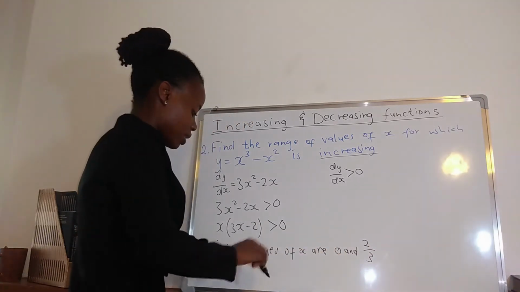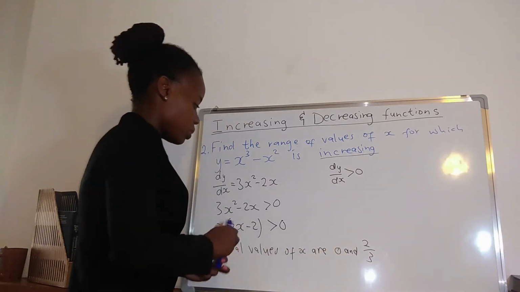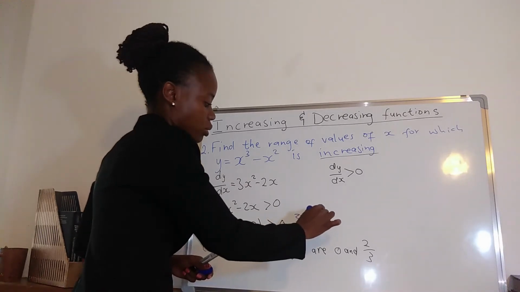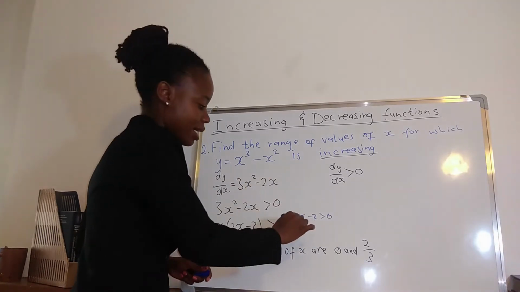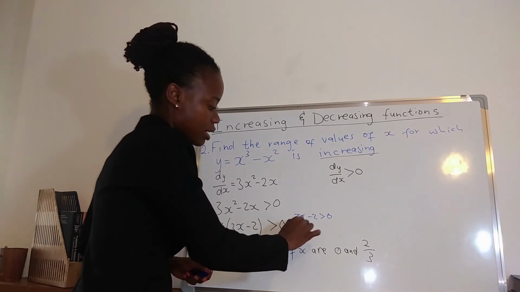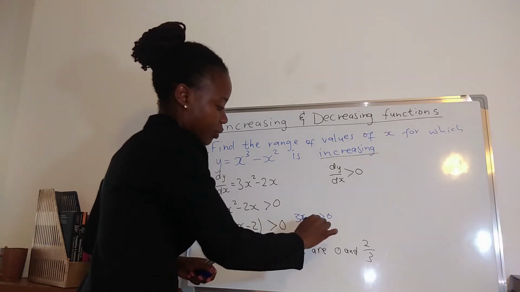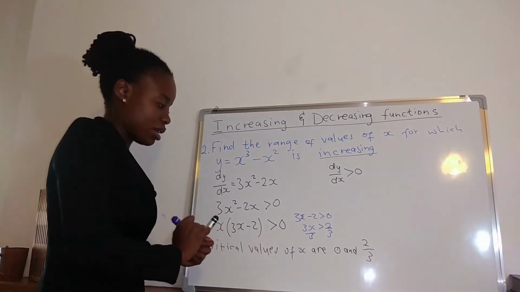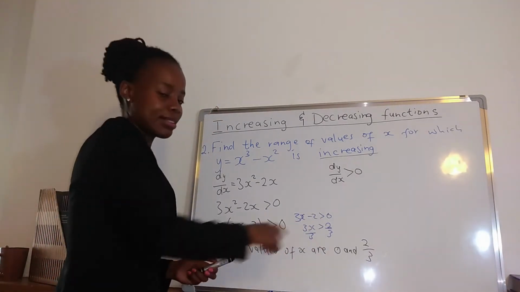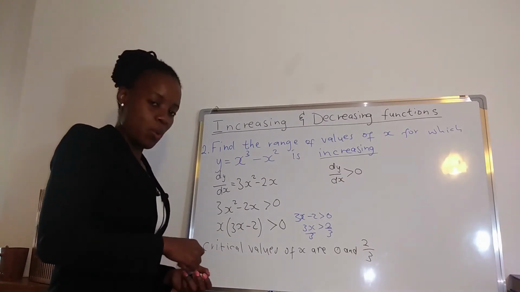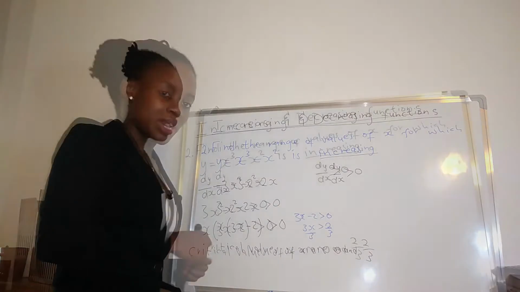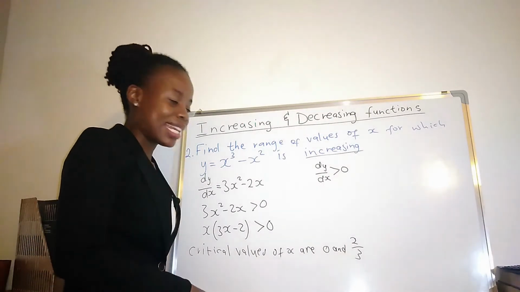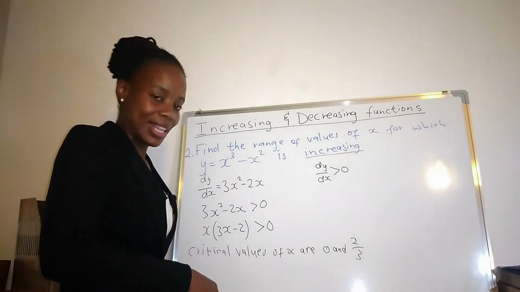We got 2 over 3 because we said 3x minus 2, and then you take 2 to the other side. We're going to have 3x equals 2, and then you divide by 3 both sides. But we are not sure if x is supposed to be greater than 2 over 3, so that's why we're going to test. Critical values of x are 0 and 2 over 3. Okay, now let's find where it's increasing.